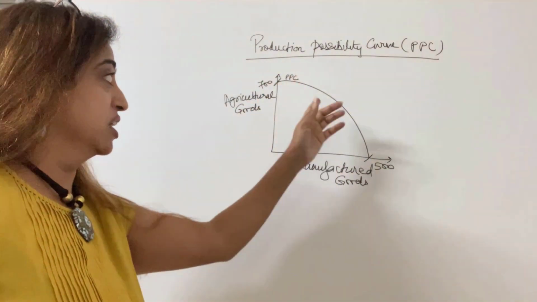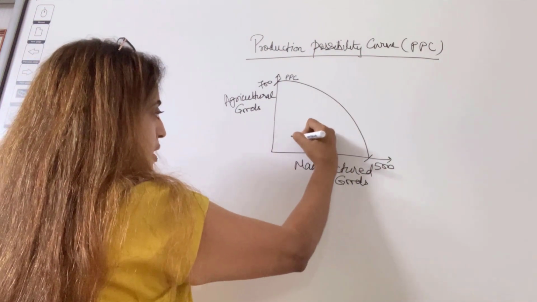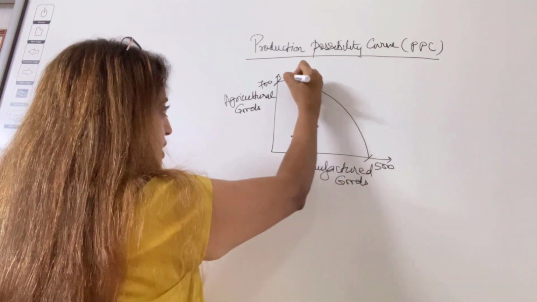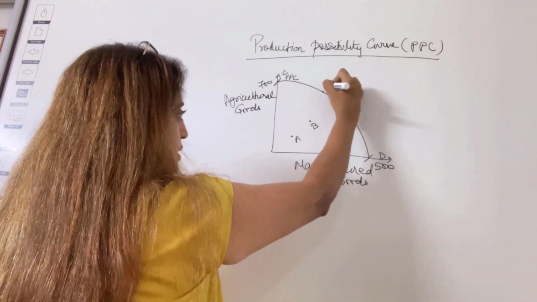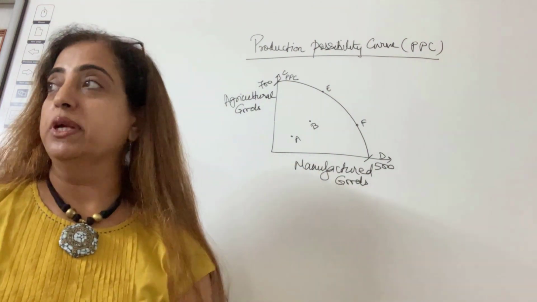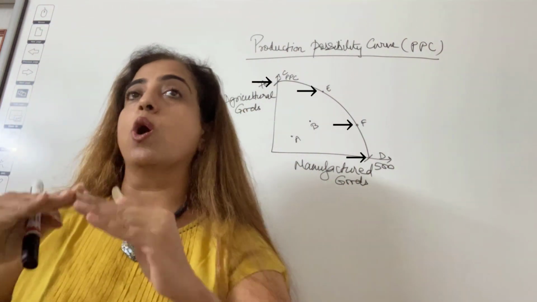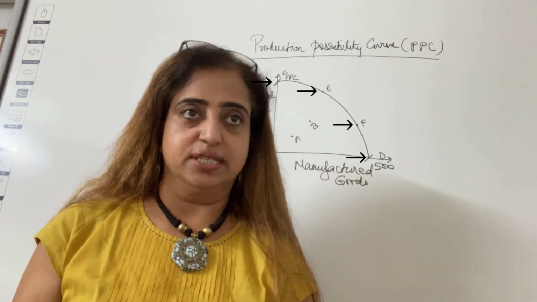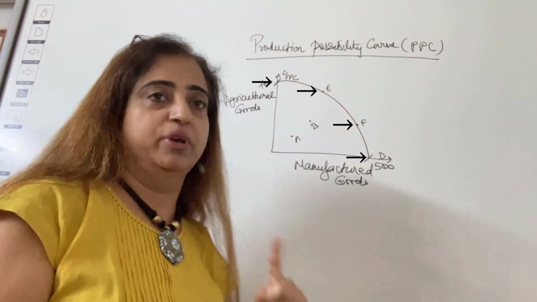So what this curve shows is that any production that happens on this curve, let me mark here point A, point B, let's say point C, D, E, and F. Any production that happens on PPC, that is point C, E, F, and D, shows optimal allocation of resources in an economy. It doesn't matter how many units of agriculture and manufactured.